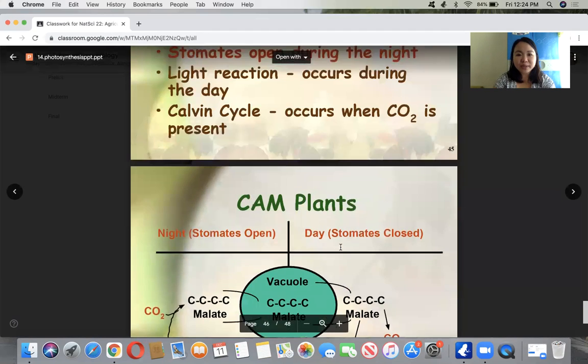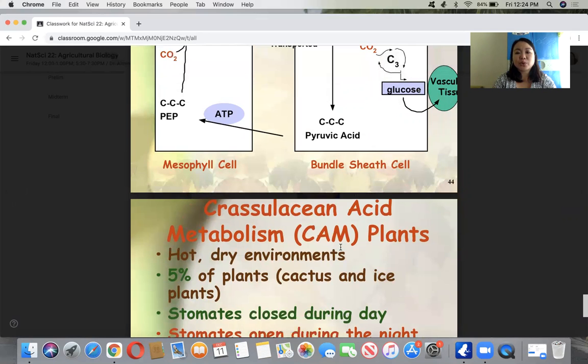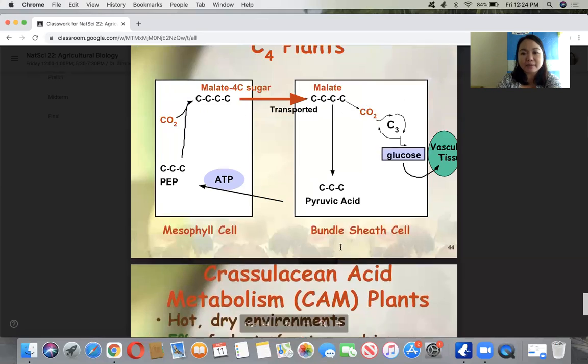So there are 3 mechanisms, and the rest of the plants that do not qualify as CAM or C4 plants are called C3 plants, which are most plants or crops we have.